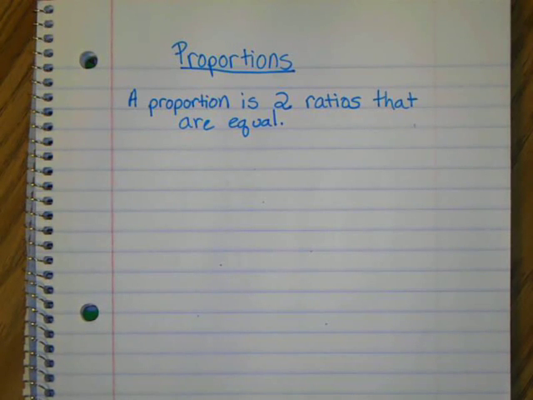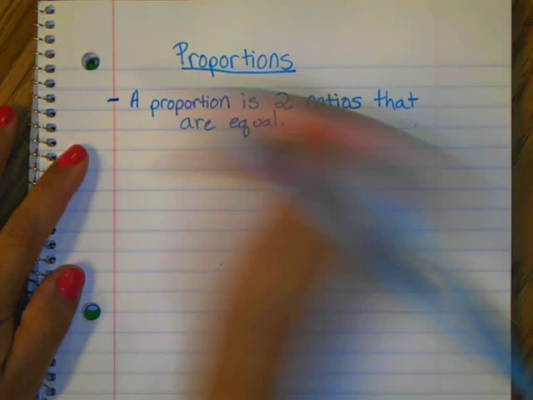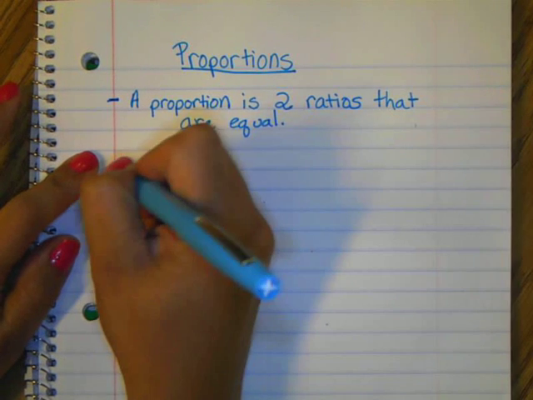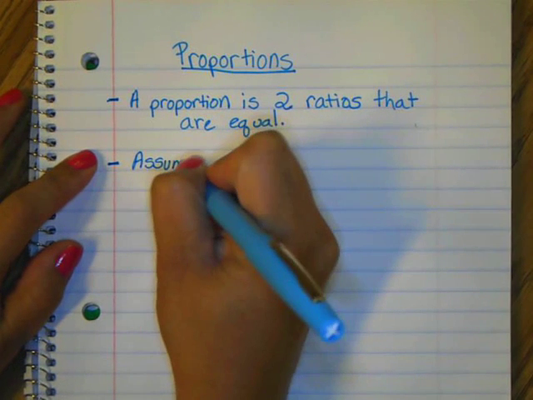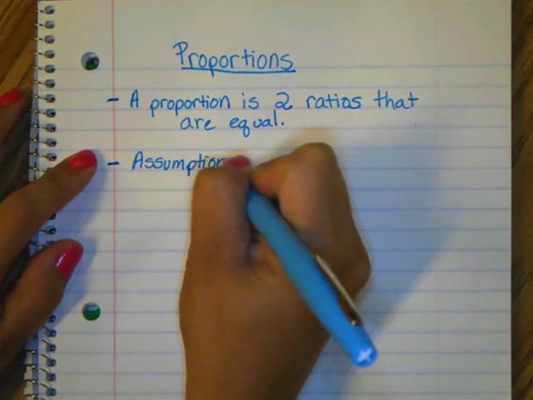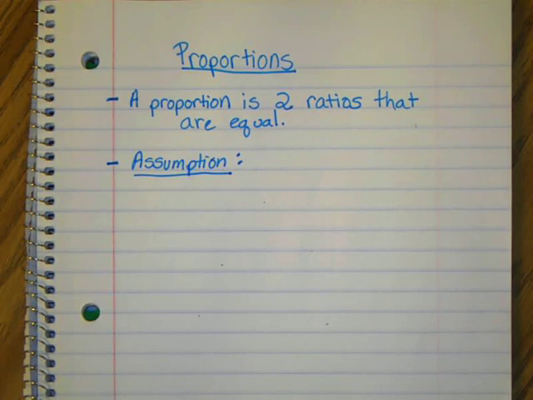So, what we need to do is we need to make an assumption. So, the next thing we need to write in our notes, so I'm going to do like a bullet here. The next thing is assumption. And an assumption is a sentence that explains the basic rate.